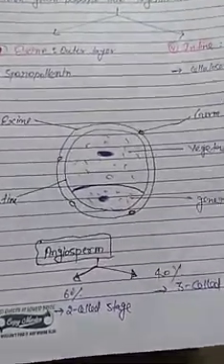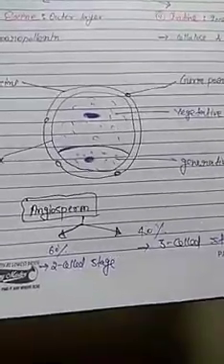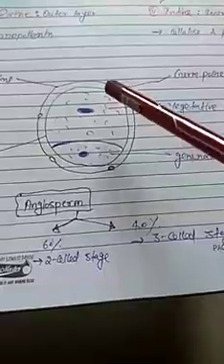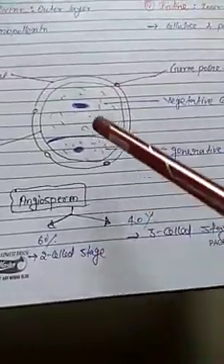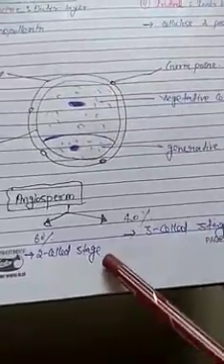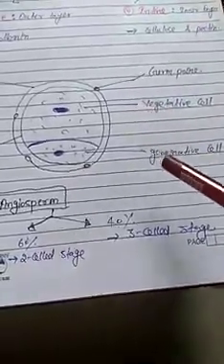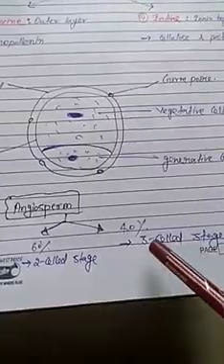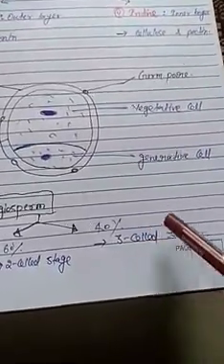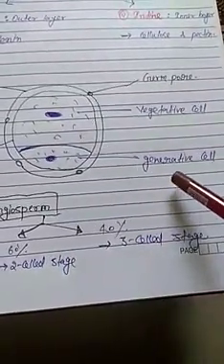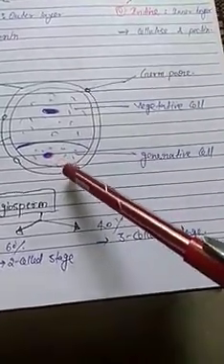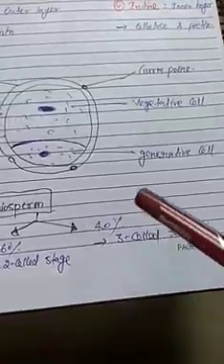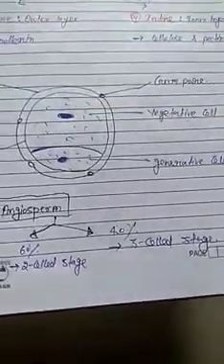In angiospermic plants, in 60% of plants, the pollen grain is shed at this two-celled stage: one vegetative cell and one generative cell. In 40% of plants, the generative cell divides by mitotic division to form two male gametes, along with one vegetative cell.